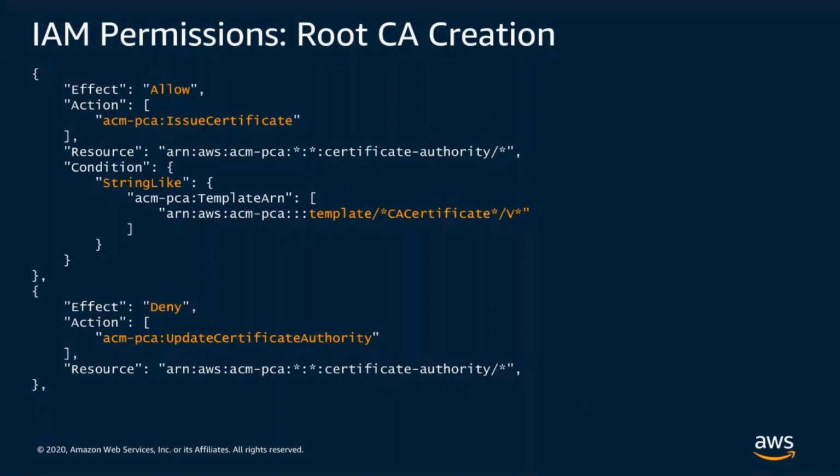So by denying Alice the ability to update the certificate authority, Alice cannot act without a second person, in this case Danielle, to enable the certificate authority for her. And only once Danielle has acted would Alice be able to issue a certificate.